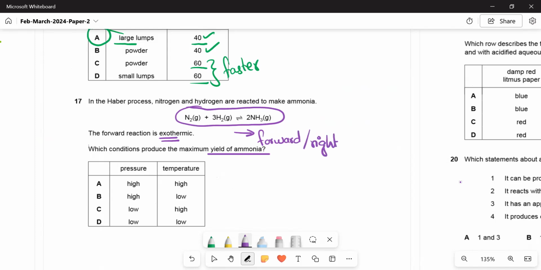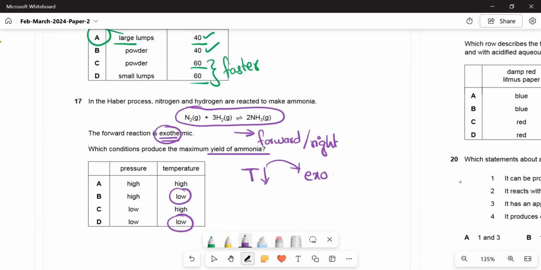Now, what will we do? Because the forward reaction is exothermic, we have to decrease the temperature. Because according to Le Chatelier's principle, if we decrease the temperature, then the system will move towards the exothermic side. So if we want it to move forward towards the exothermic side, we have to decrease the temperature. So the temperature will be low.